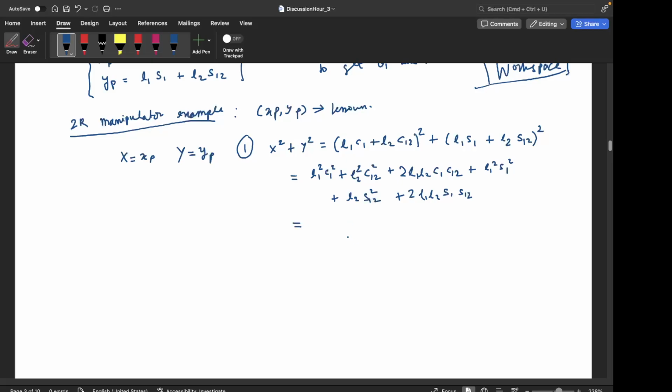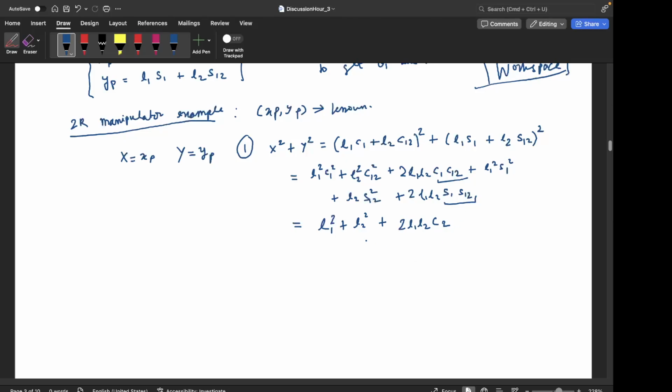Now we know that sine squared theta plus cos squared theta is 1. So this will become L1 square plus L2 square, and these terms will become 2 L1 L2 C2, because you can use the formula of cos(alpha minus beta), where alpha is theta 1 plus theta 2 and beta is theta 1. So what remains is theta 2.